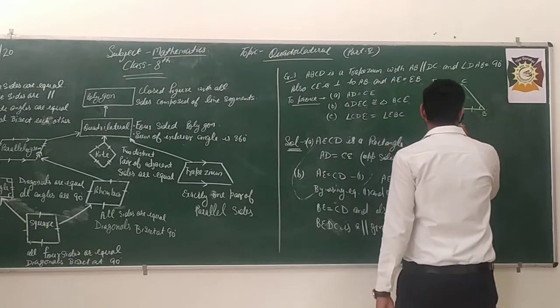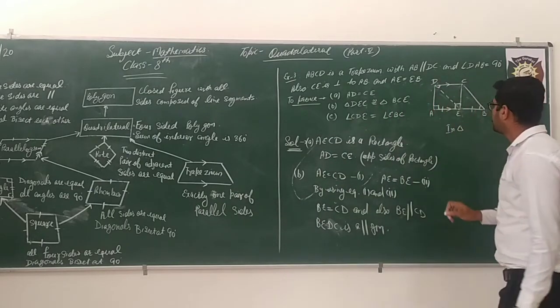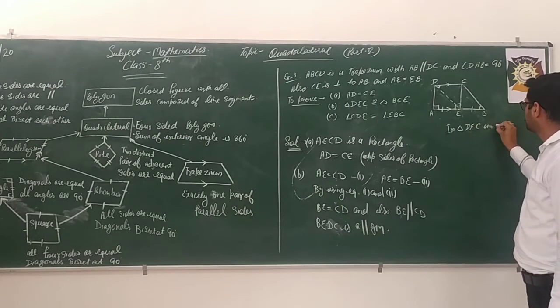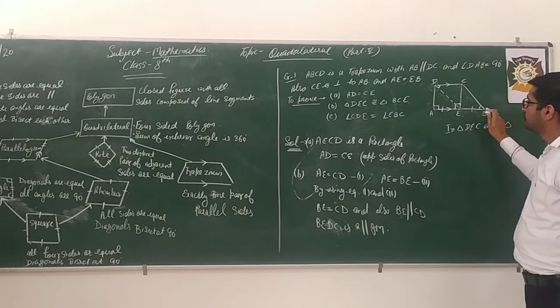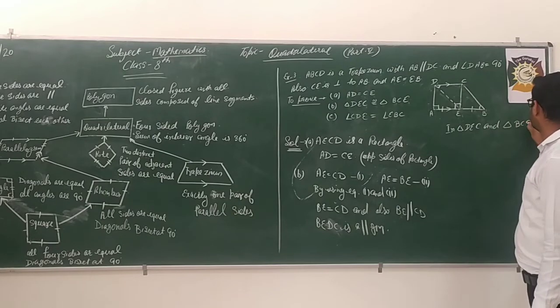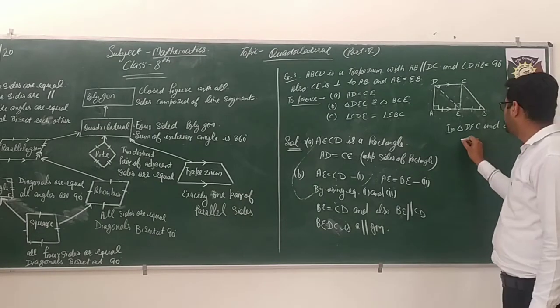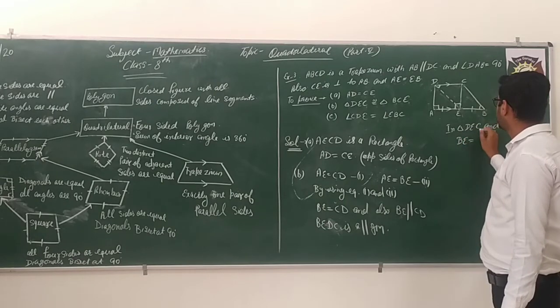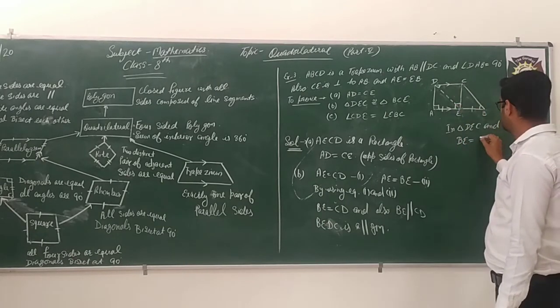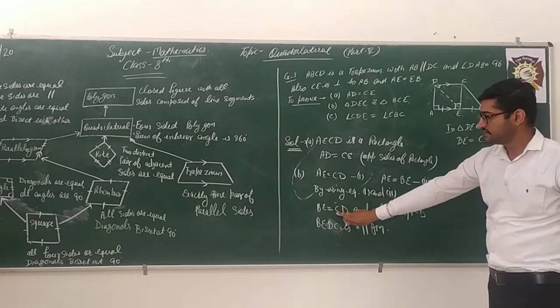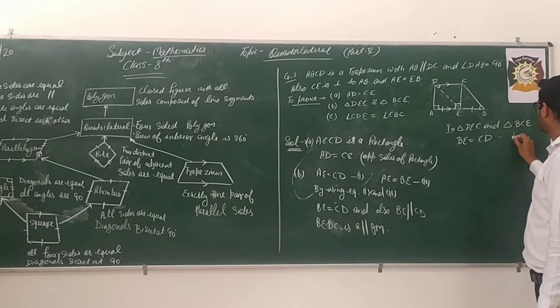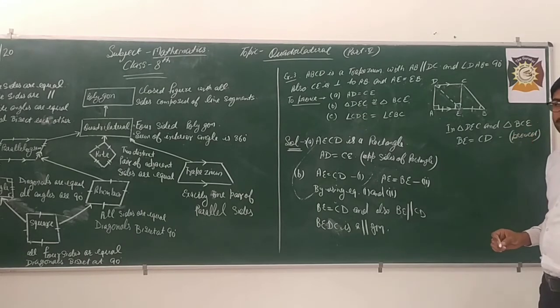Now in triangle DEC and triangle BCE, BE is equal to CD. From here you can see BE is equal to CD. This is proved.